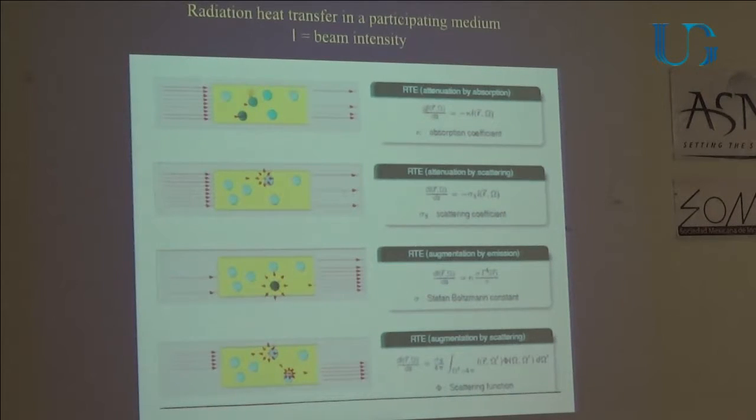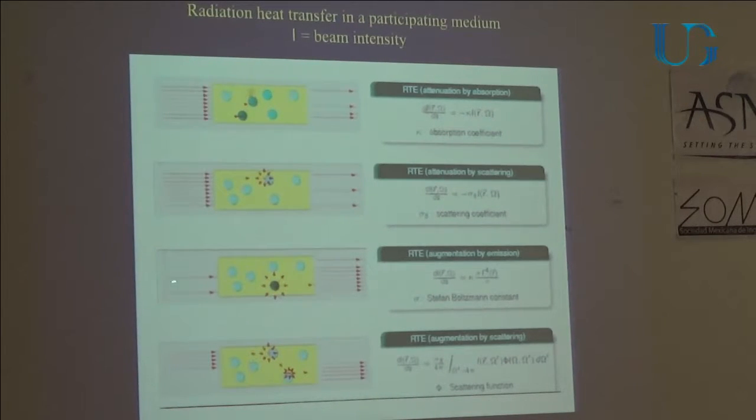But there are two other effects that come into play in here. First, we call it the augmentation or the increase by emission. That is, once the particles absorb energy, they will start re-emitting energy, and part of the energy re-emitted by the particle will be in the direction of the beam.